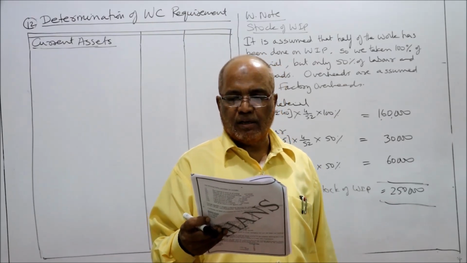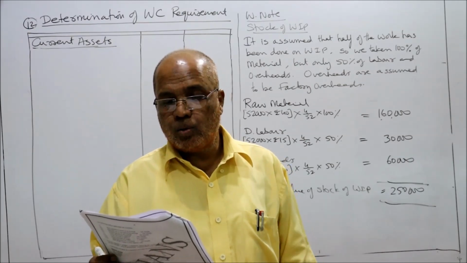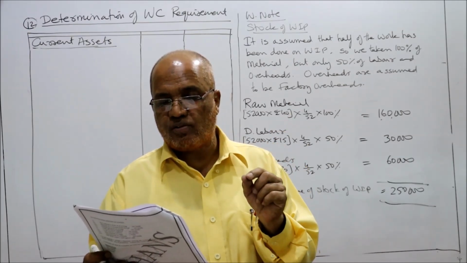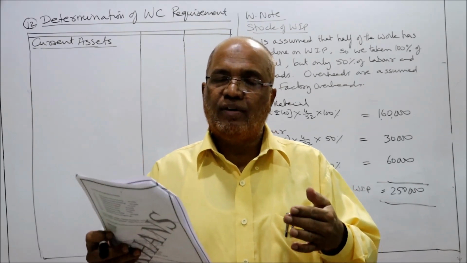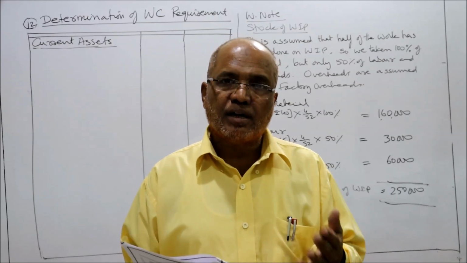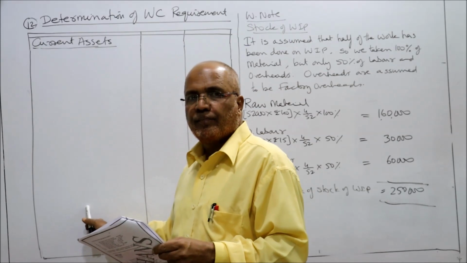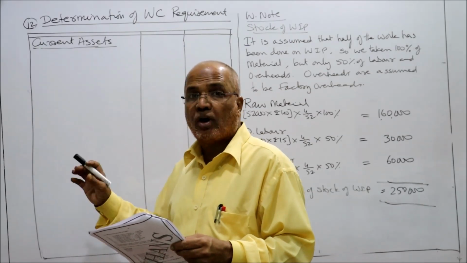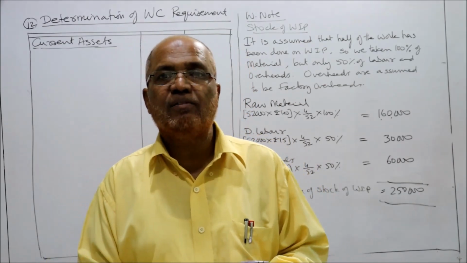Purchase of raw material: the estimate for the year is 26 lakh. 26 lakh rupees purchase of raw material, and period of credit allowed is 6 weeks. When we purchase the material, creditors are created, so creditors we will take 6/52. While calculating creditors for purchases, we'll take 26 lakh into 6/52.